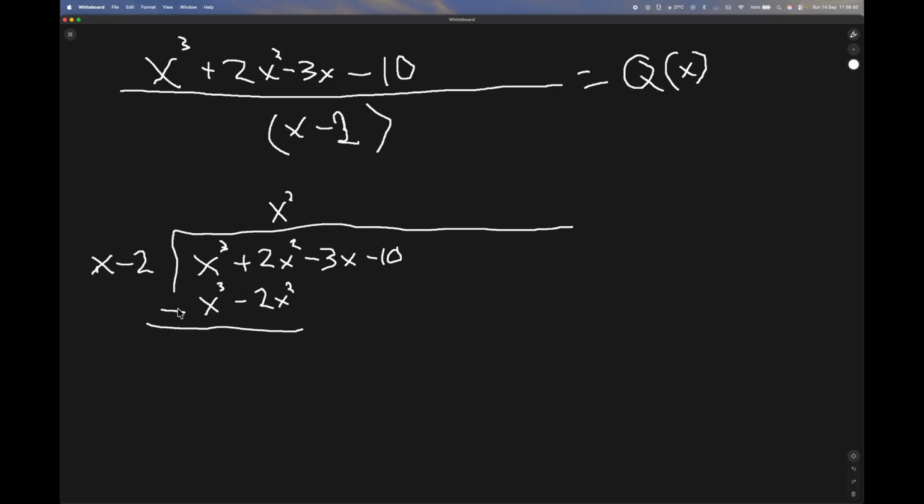Now 2 minus minus 2, which is going to be the same as 2 plus 2, going to be 4x squared. Going to bring down our negative 3x. Now, what do we need to times x by to give us 4x squared? So we're going to need to times it by 4x. So plus 4x.